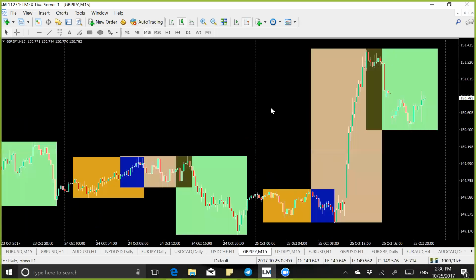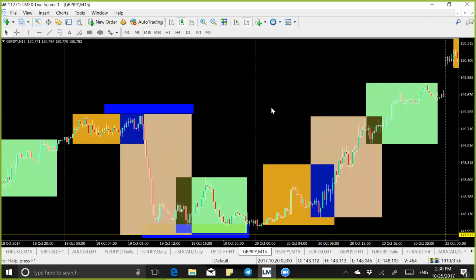So let's go to 15-minute, and let's say we're here. Okay, so that's the high, that's the low. Now, this area here is the Asian session. Most of the time in Asian session, you can get an idea what the London session is going to be like.